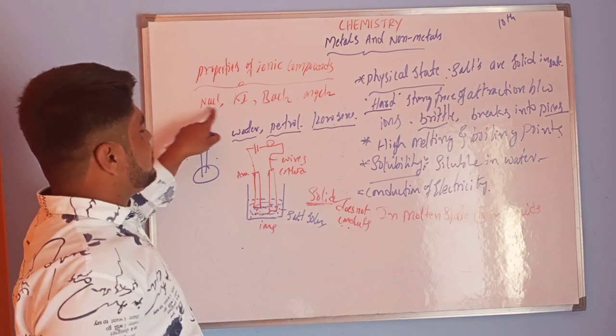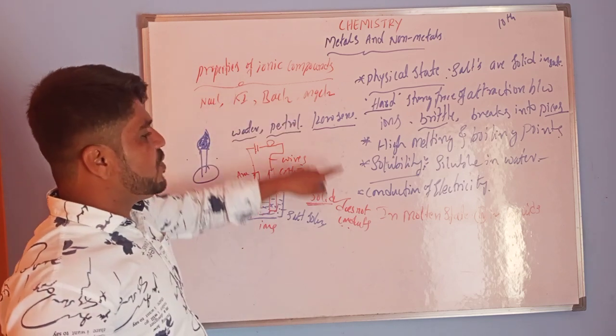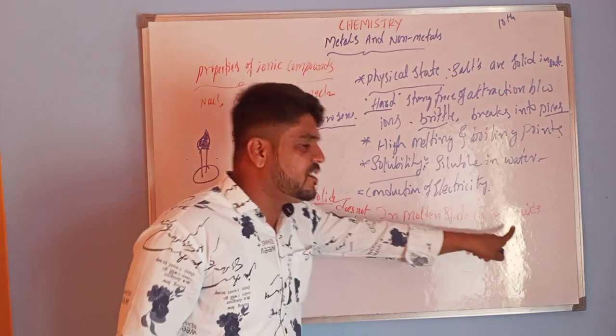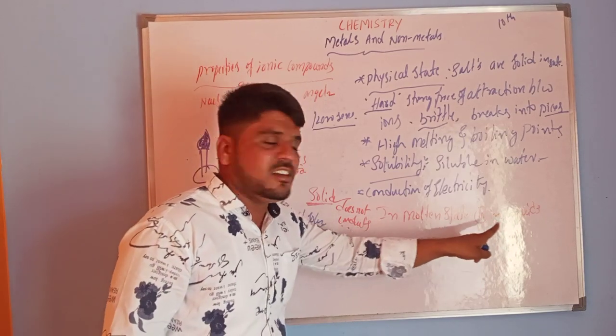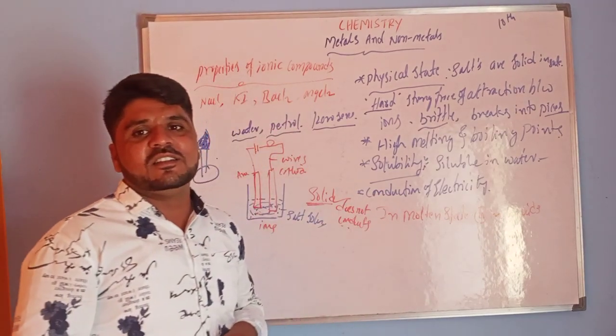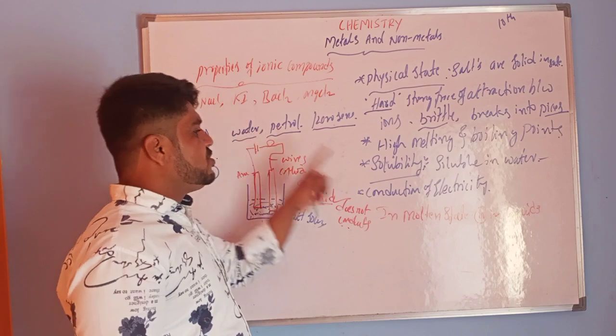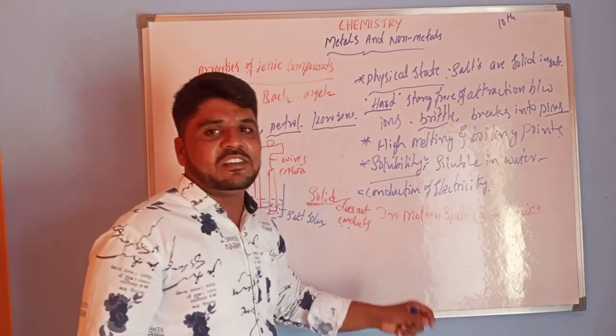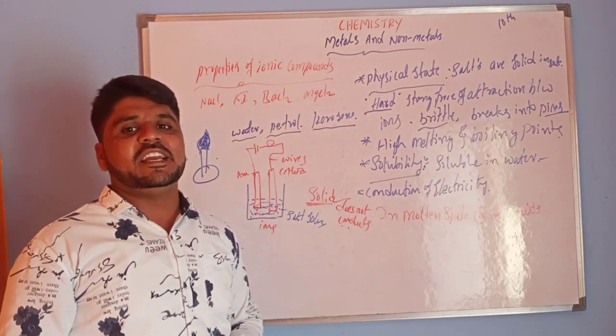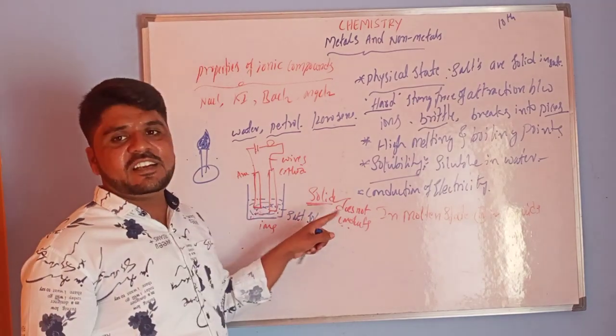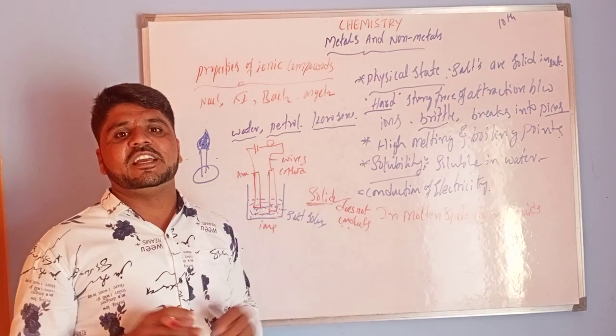If these ionic compounds are in a molten or liquid state, the ions are easily movable. That's why ionic compounds in the liquid state and molten state conduct electricity, but in the solid state they do not conduct electricity.